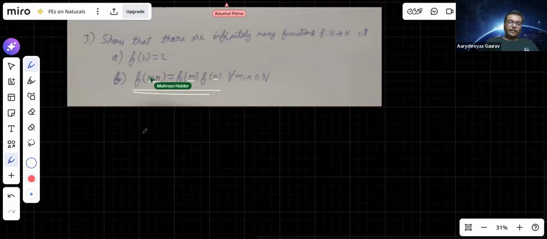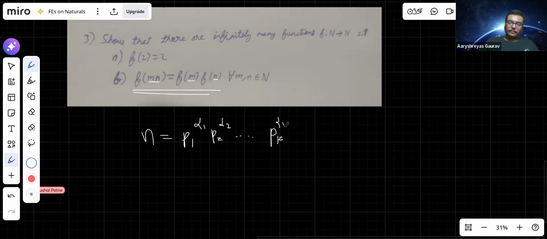See, if I have some natural number n, I can always write it as p1 to the power alpha 1, p2 to the power alpha 2, till pk to the power alpha k.